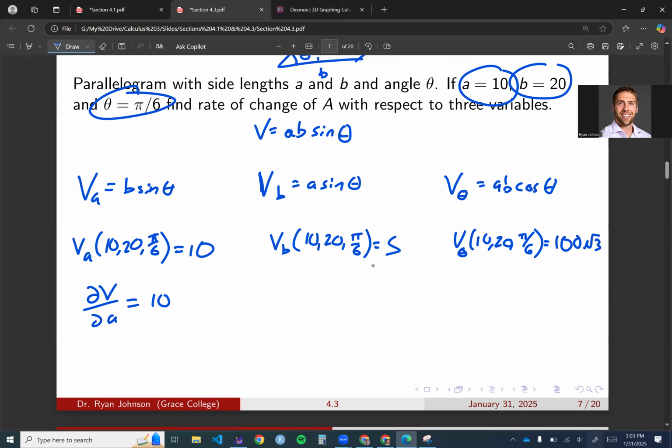So it's 10 inches squared per inch change in A. And partial V over partial B is 5 inches squared for every inch change in B, and dV d theta is going to be 100 square root of 3 square inches per radian.